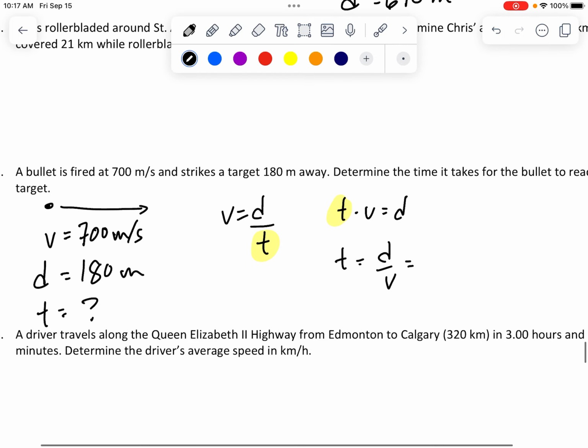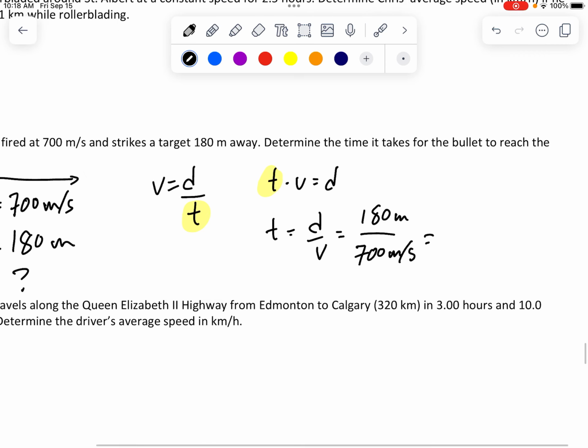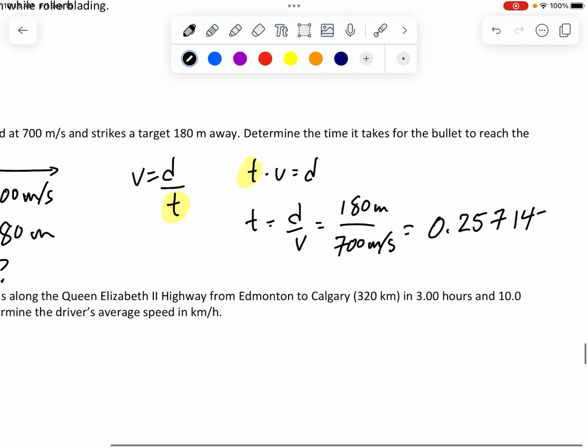And if I put that into this, I have 180 meters divided by 700 meters per second. So it's going to take less than a second, right? So I've got 180 divided by 700, and my calculator tells me it's 0.2571428, and so on.